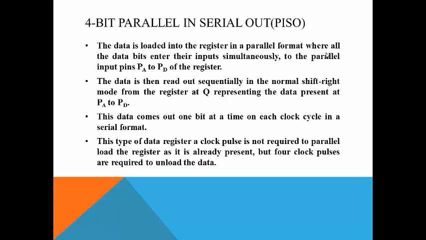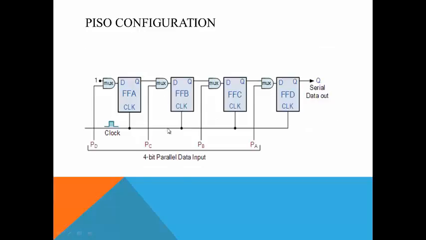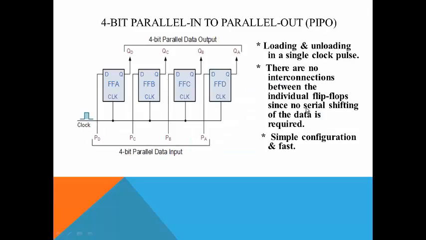So now the data will come out from D. The MSB will come out first, and then the last bit 1 would have been shifted to the last, and it will be shifted, and so on. This is the configuration. We have 4 bits coming in directly, and then the output will come one after the other.